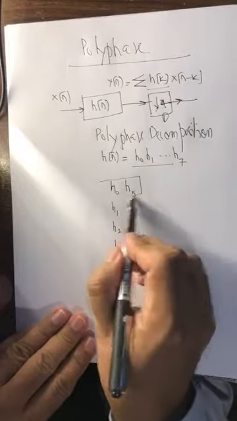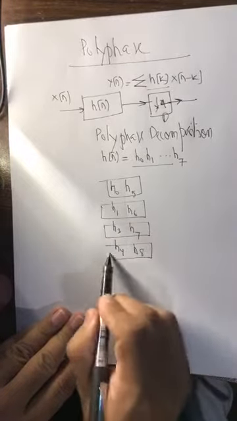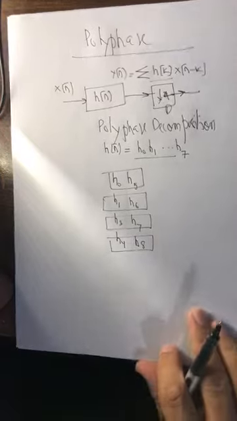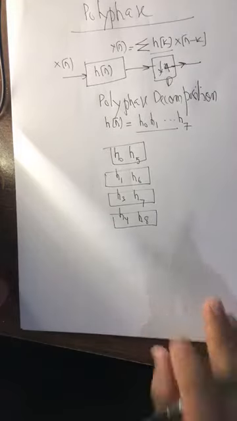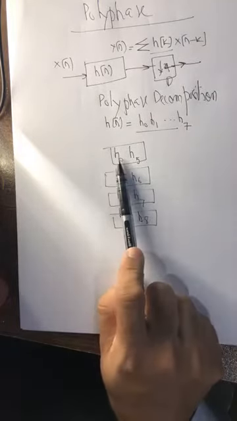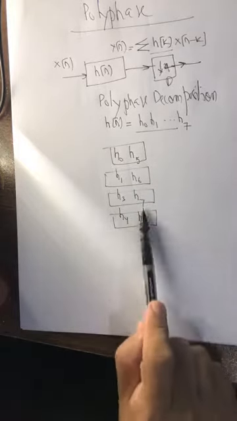So you convert a filter into 4 filters by splitting it up into D number of branches. Very simple: in polyphase decomposition, a filter is split into D number of filters by giving the first sample of the impulse response to the first filter, second, third, fourth, first, second, third, fourth.